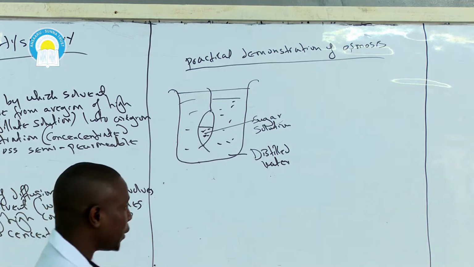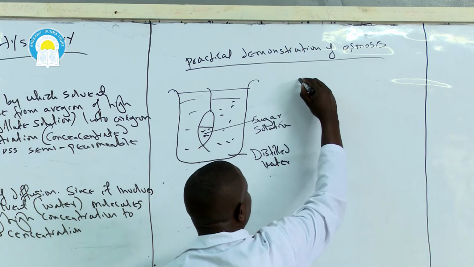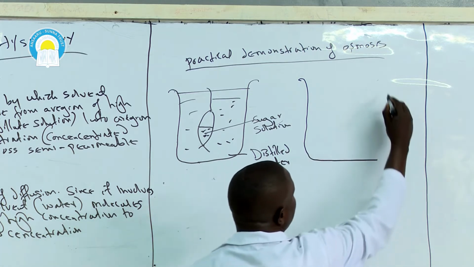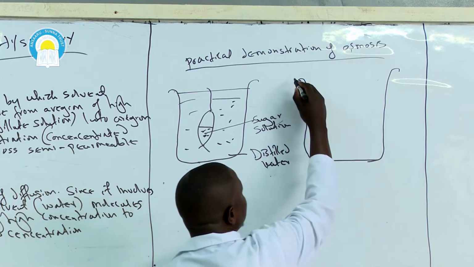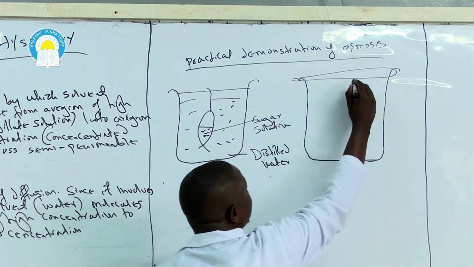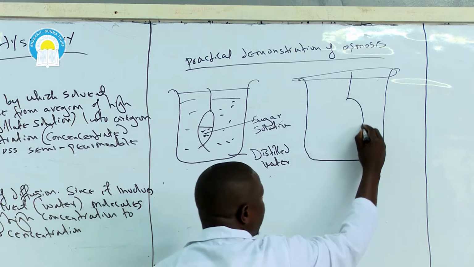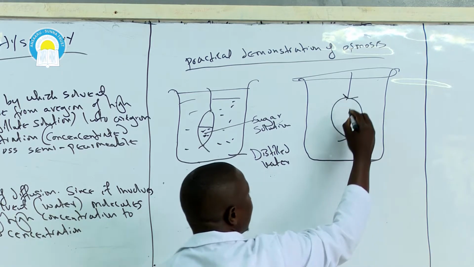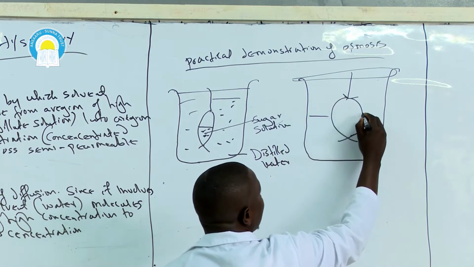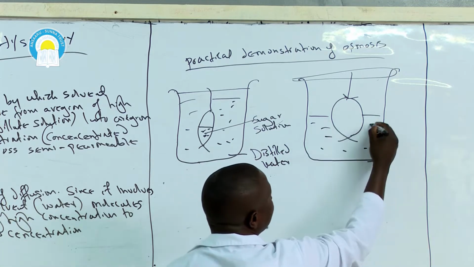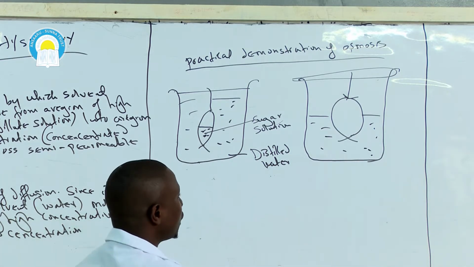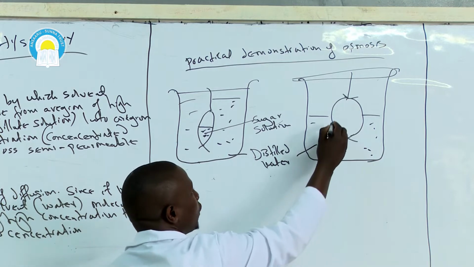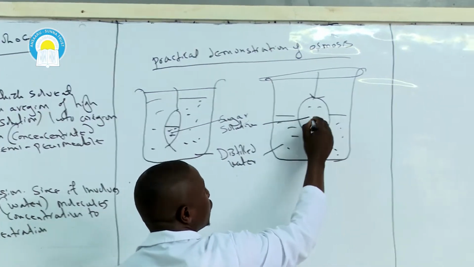So at the end of the experiment we are going to have such a diagram. After 30 minutes, the visking tubing will swell up, and the water level in the beaker will drop. This is distilled water, and this is sugar solution.